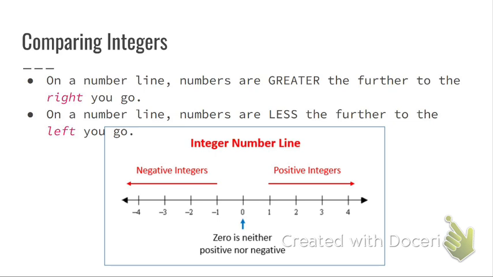So when we compare integers, if we think about that number line, the numbers are greater the further to the right you go. And on a number line, numbers that are less are further to the left. So the further I get to the left, it's like I've taken a thermometer and laid it on its side, with the cold side to the left.